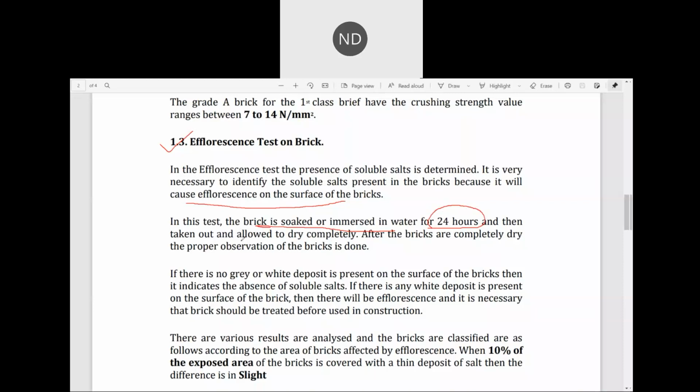After the bricks are completely dry, the proper observation of the brick is done. In the absorption test, our bricks were immersed in the water, and after 24 hours they were brought out of the water, and then we did the absorption test.